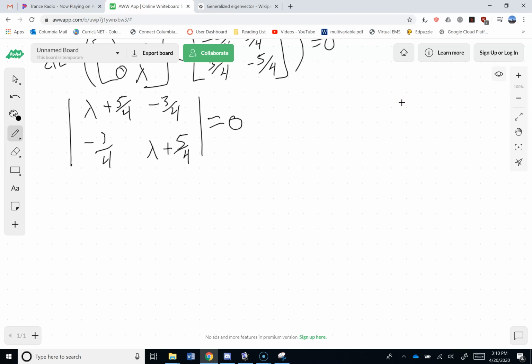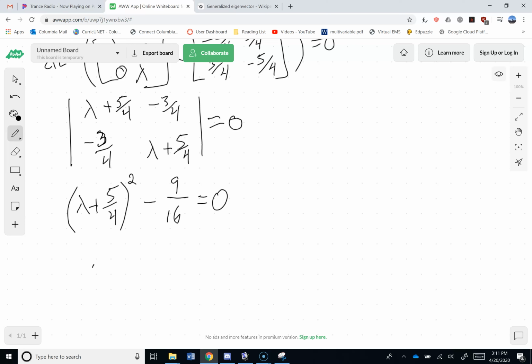Okay, so the determinant of this thing is lambda plus 5/4 squared. Then what? Is this minus or plus? Minus 9/16. Isn't 3 times 3 9? Oh, it looks like you wrote a 1 there. Should be 3. Okay.